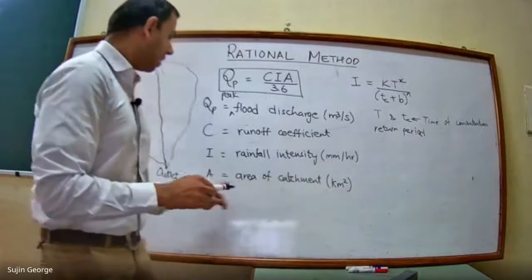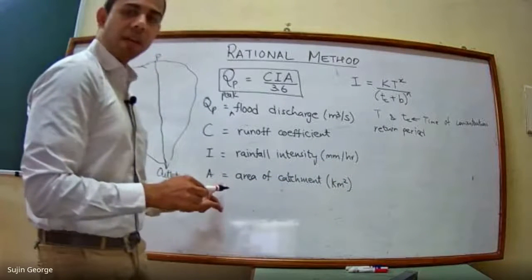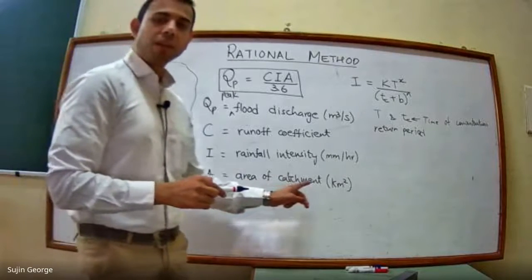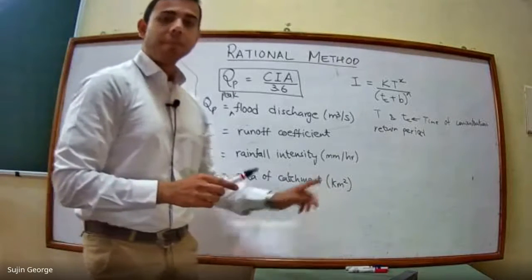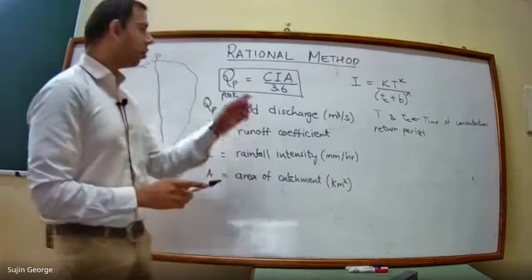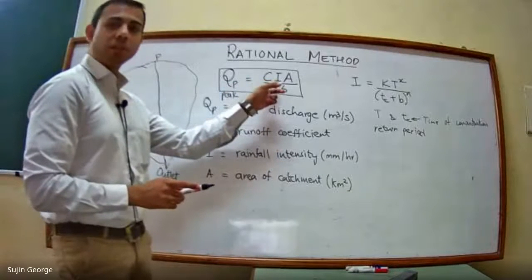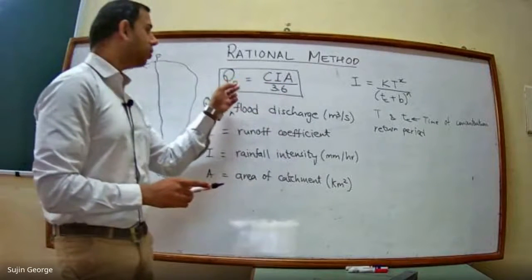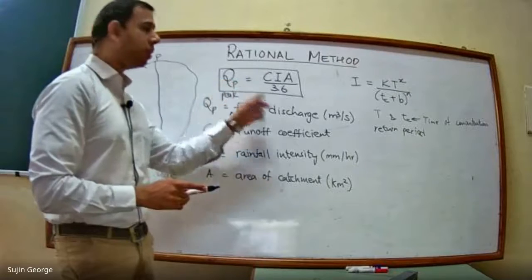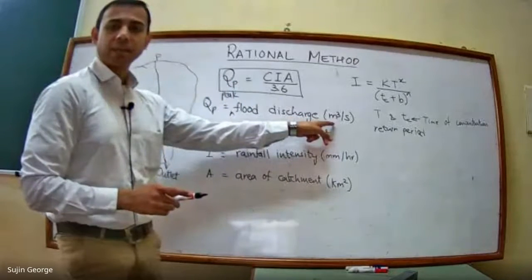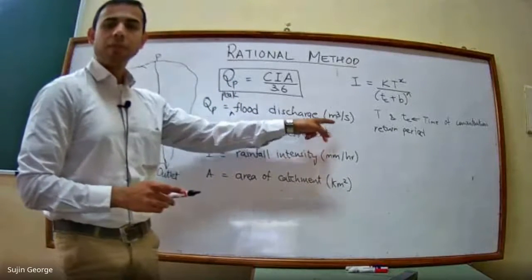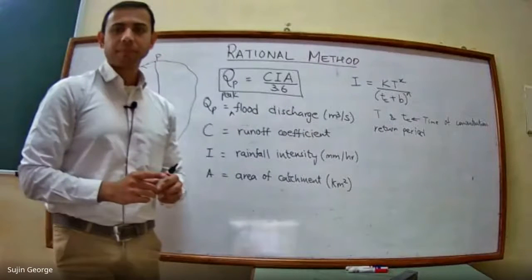And the value of A, the area of catchment, should be in square kilometer. Please keep this in mind. Then only when you substitute it in this equation will the value of QP be in meter cube per second.